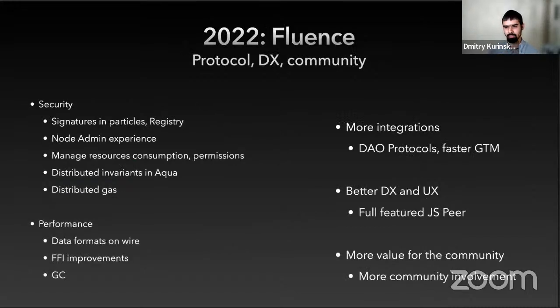And for the overall Fluence development schedule, it's a lot of core protocol features, developer experience, and we want to have more and more connections to the community. We want to react to the community needs. So speaking about the protocol and the core features, first of all is security.